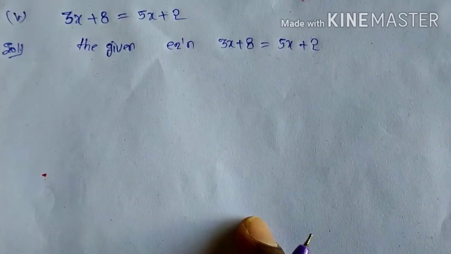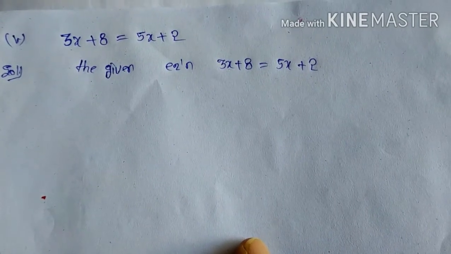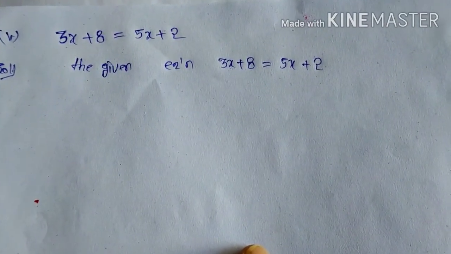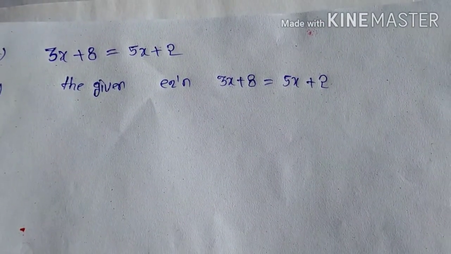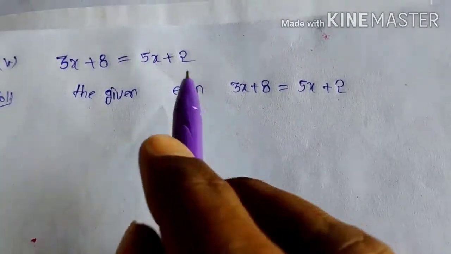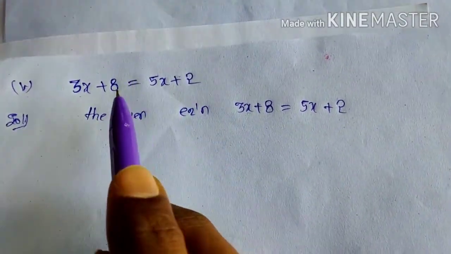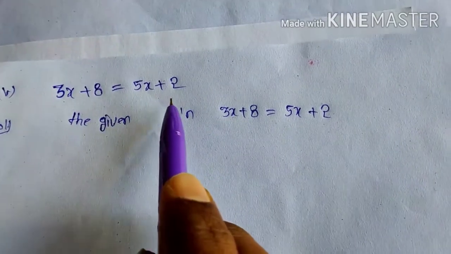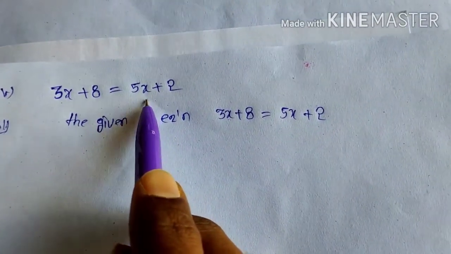See here, another problem. 3x plus 8 is equal to 5x plus 2. Solve the equation. Once you observe, the variable is available on both sides of the equation. That means LHS available and RHS also available. So you can make the variables to one side.